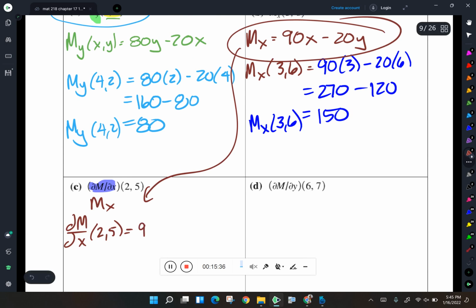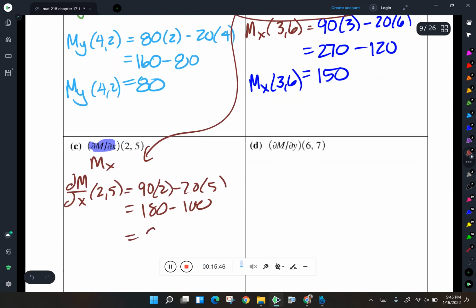So 90 times 2 minus 20 times 5. 180 minus 100, 80. So the partial m with respect to x of 2, 5 is 80.